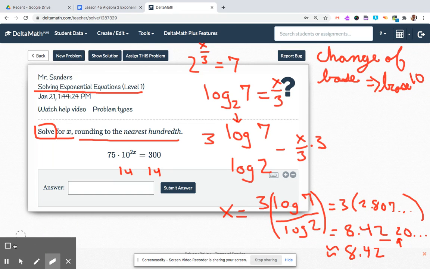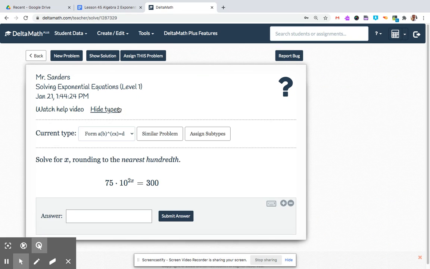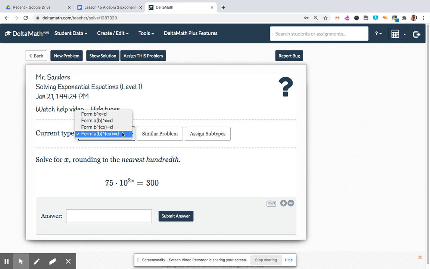All right. Let's see. What are the problem types here so we get something different? This looks like the hardest kind. And okay, yeah, we'll just go ahead and do this one then. All right, so I'm going to go ahead and do their trick, which is fine.